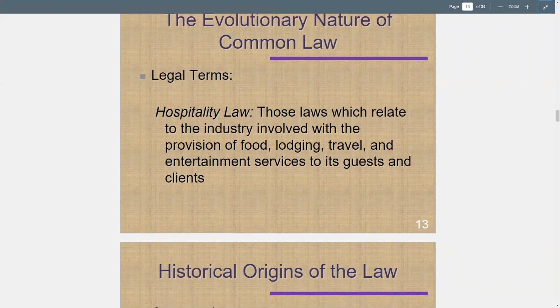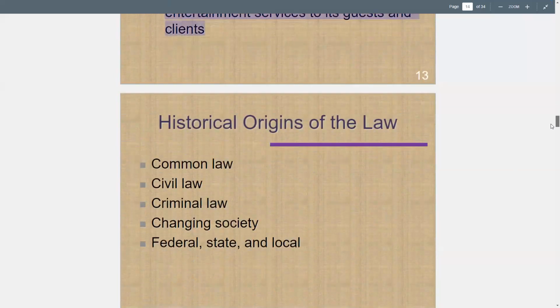Those laws which relate to the industry involved with the provision of food, lodging, travel, and entertainment services to its guests and clients. So you can see really from here on down, we're really defining the hospitality industry, more so than defining what law is. So you need to look at our definition from law and attach it to our definition for hospitality to make the most sense of this.